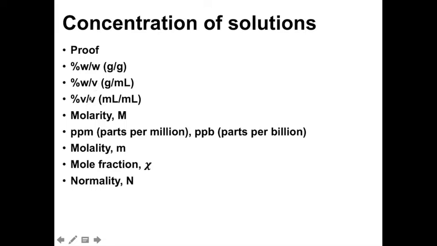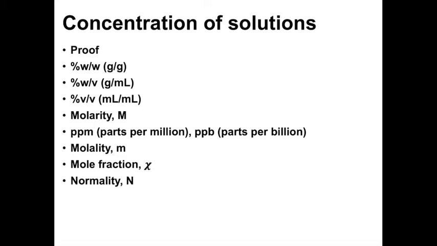And then we have volume percentage, which is for the alcoholic drinks. We also have what we call molarity, which I'm sure you've heard of in your Gen Chem 1. Then we have parts per million or parts per billion. These units are usually used for solutes that occur in very, very low amounts.